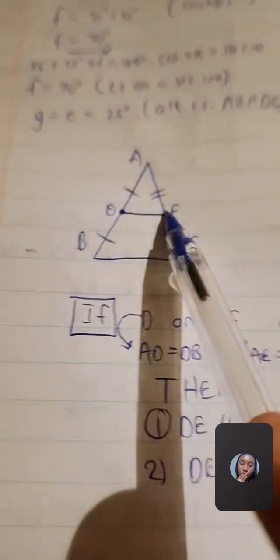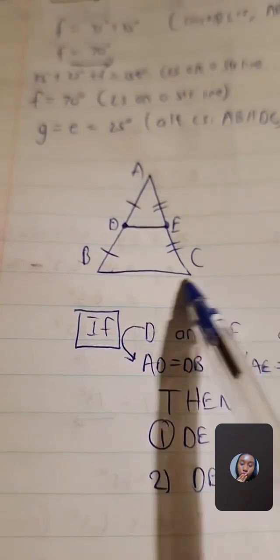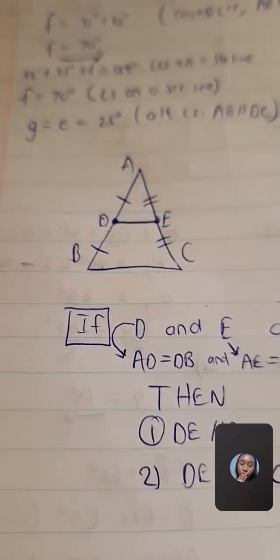Two, DE, this line, is half the length of BC.